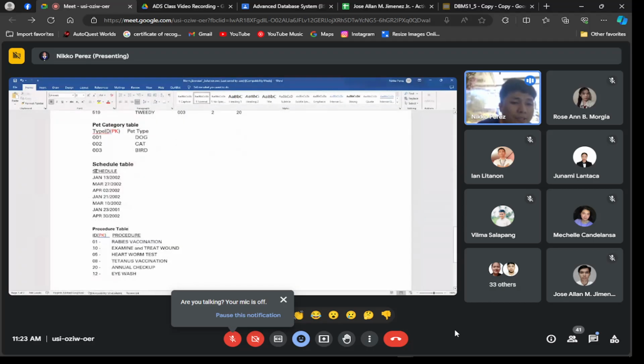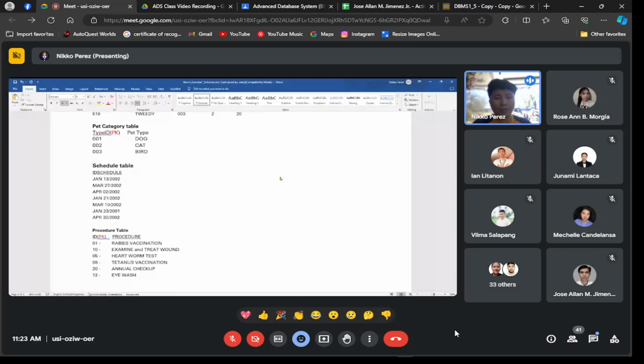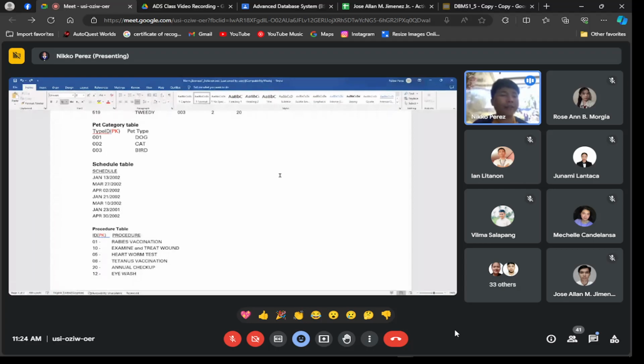Now, you might be asking, sir, why doesn't the schedule have an ID number? Didn't you mention that every table needs an ID number? Actually, you can create an ID number for the schedule. But the schedule itself is unique.